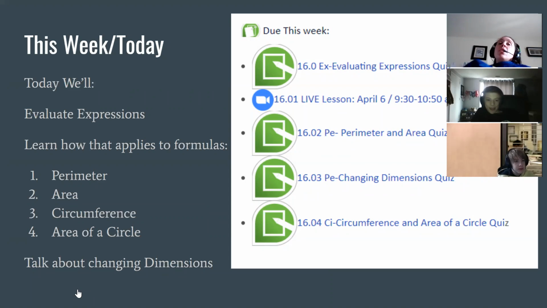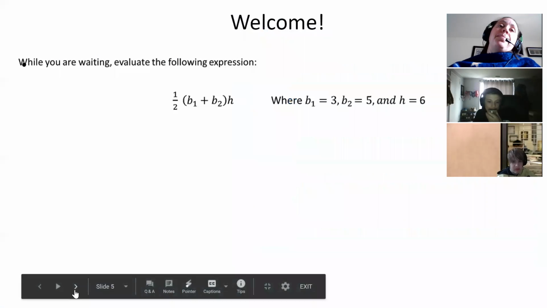And we're going to learn how this applies to formulas. We're going to talk about the perimeter formula, the area formula, circumference, and area of a circle. We're also going to talk about changing dimensions, related to ratios a little bit.